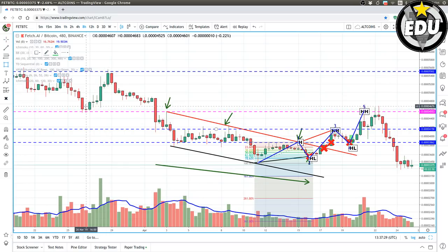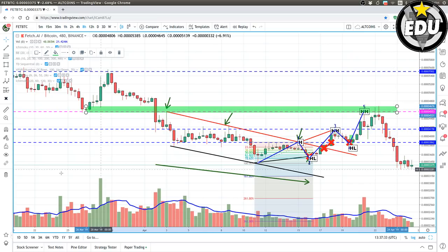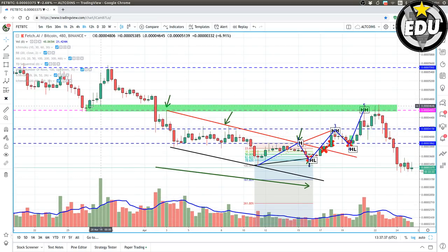This little candle here, it's our breaker block. This is the red candle where institutions bought into it. Price reached this level, dropped.